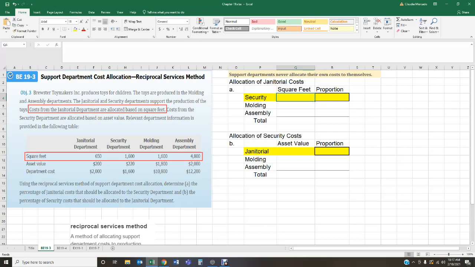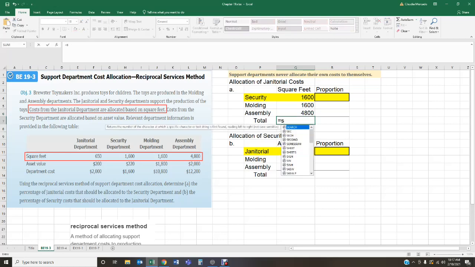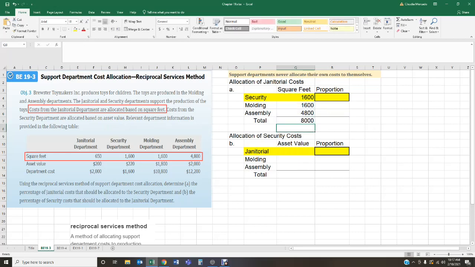How many square feet did we have for the security department? We had 1,600. For the molding department, we had 1,600 square feet as well. And for the assembly department, we had 4,800 square feet. So I'm going to get a total. This is what we're going to be allocating based on, square feet.